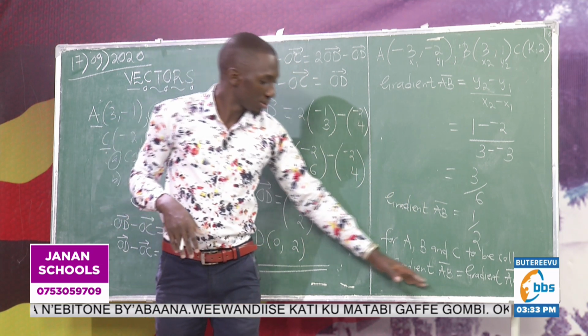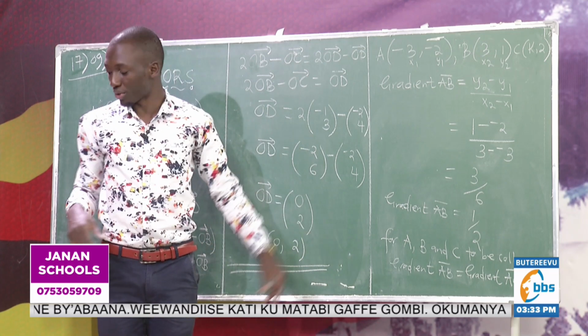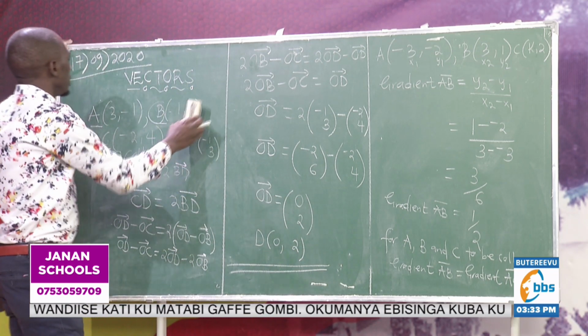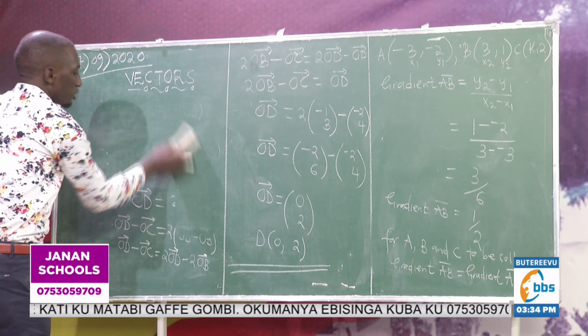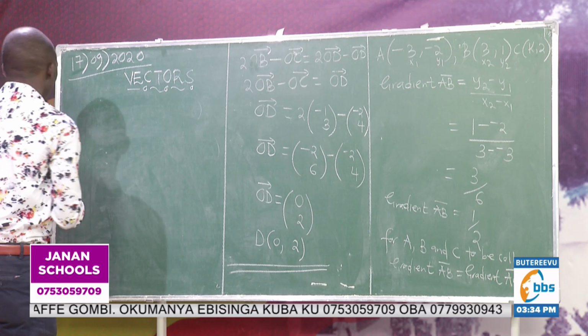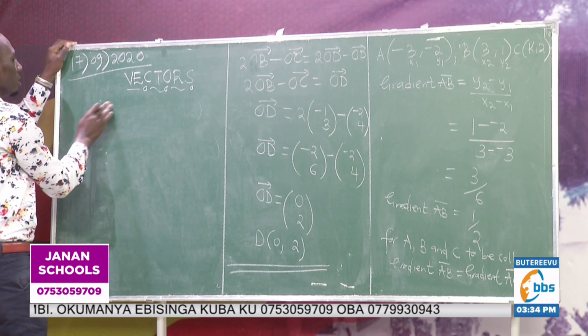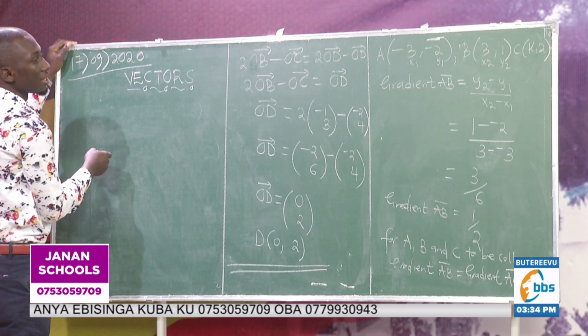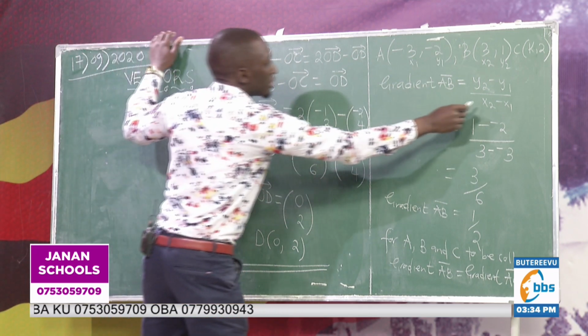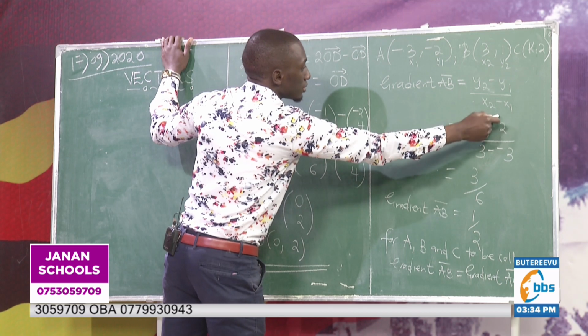So we are going to get the gradient of SC, since we already have it for AB. My gradient of AB, we already have it as a half. So for SC, I'm using the same formula, change in y out of change in x.